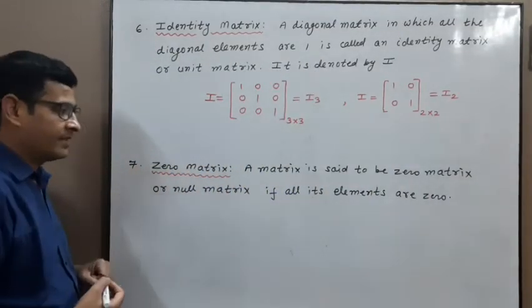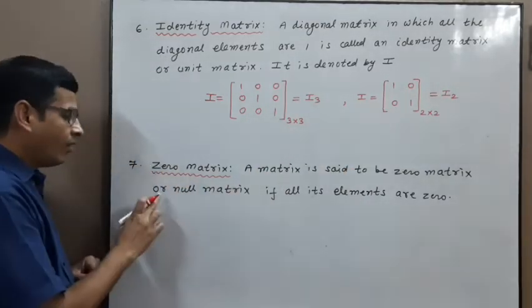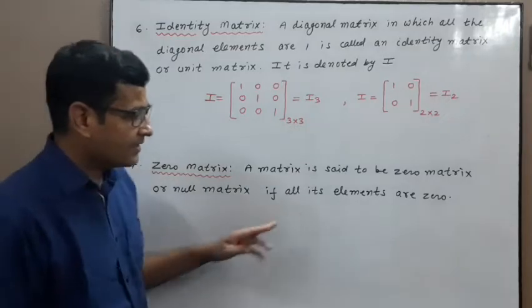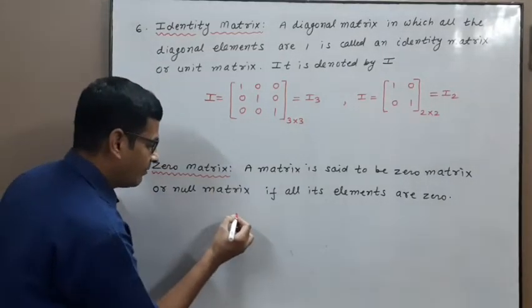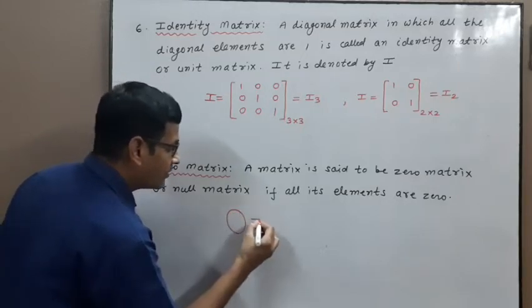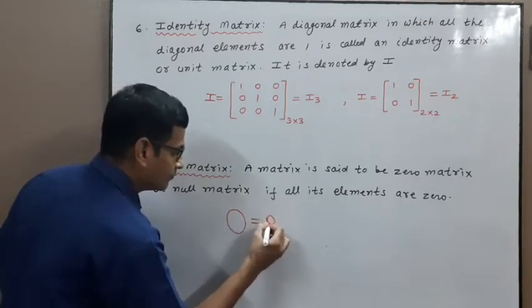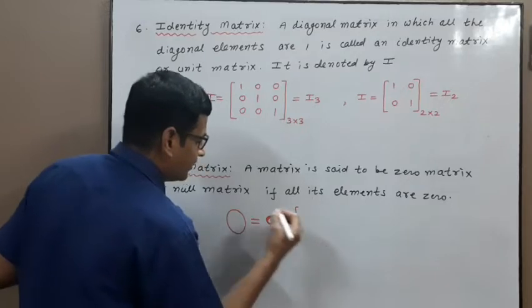7. Zero matrix. A matrix is said to be zero matrix or null matrix if all its elements are 0. It is denoted by big 0 or bold 0. Each and every element of this is 0.